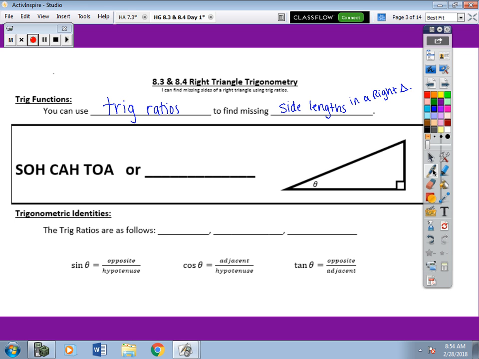All right, so this is the acronym that will help you identify what the trig ratios are and what their relationship is. So first of all, let's come down here. This is what they are, and you see these on your calculator: SIN, COS, TAN. What this stands for is the sine function, pronounced sine, S-I-G-N, like a sign you would see. Please don't call it sin. I know the abbreviation is SIN, but it is the sine function.